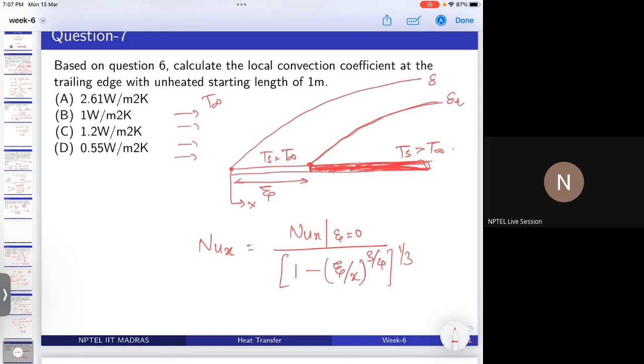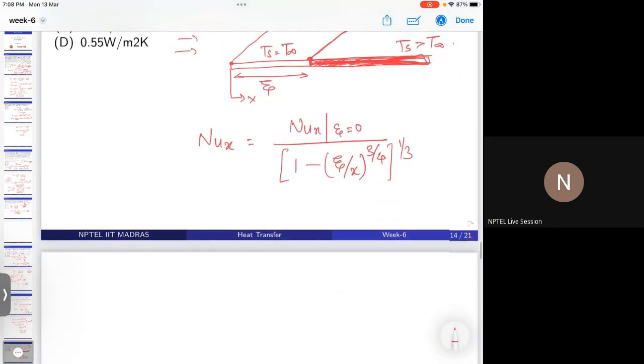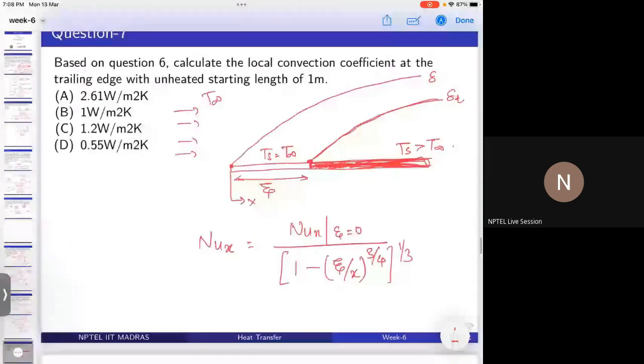So this is the expression for a Nusselt number when there is an unheated starting length. So can you please, according to this question, what is the eta here?